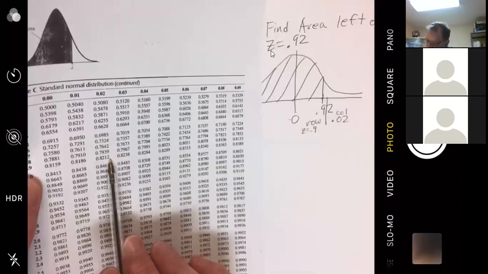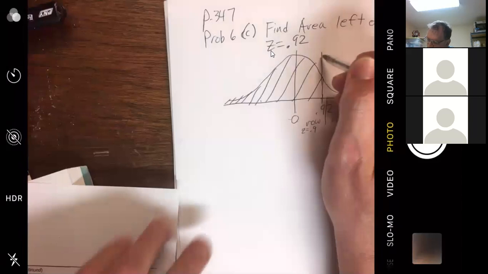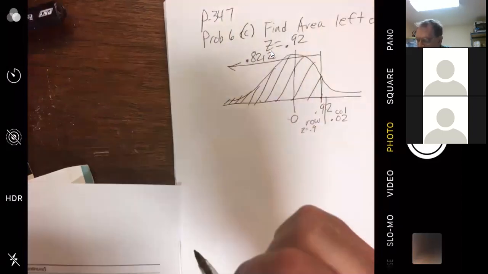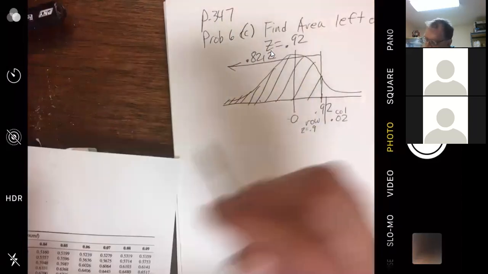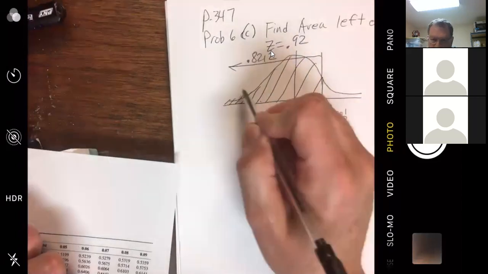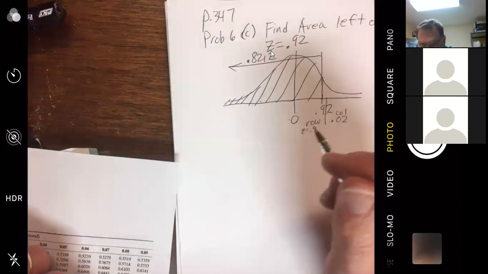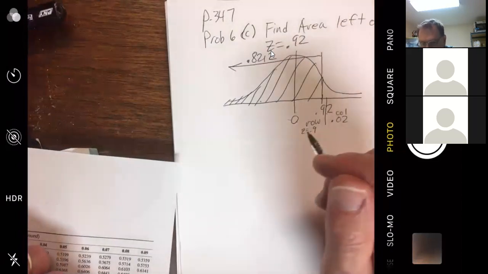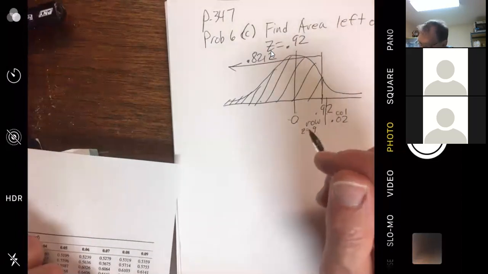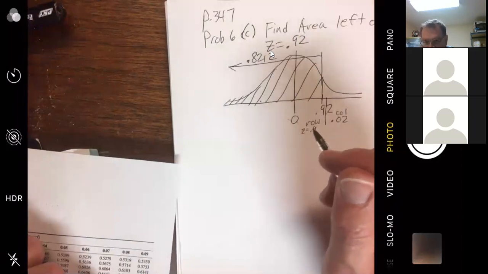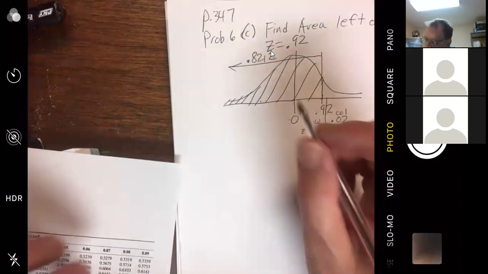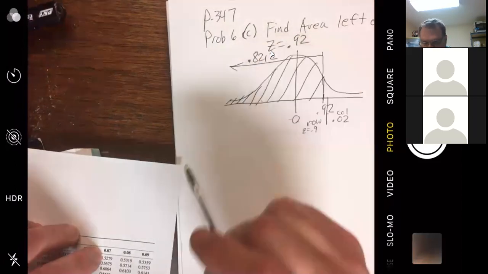I label it up here, just like that, 0.8212. 82% of the data are left or below 0.92 standard deviations above the mean. It's a mouthful. If you punched your way through that horrible calculus formula, you would get this answer.